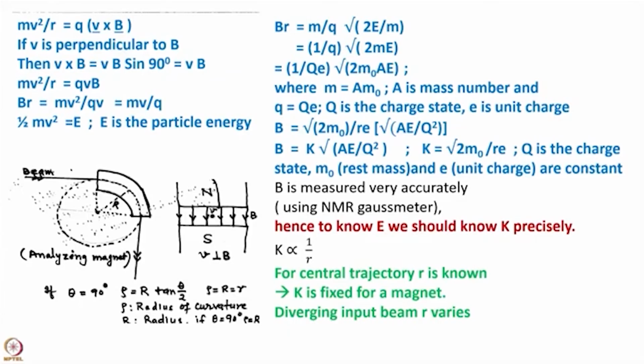Once you do that, all of this is valid. The central trajectory is known, so R is fixed, K will be fixed for that magnet, and the error due to this will be minimized.